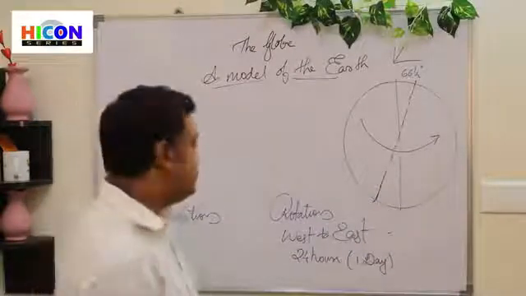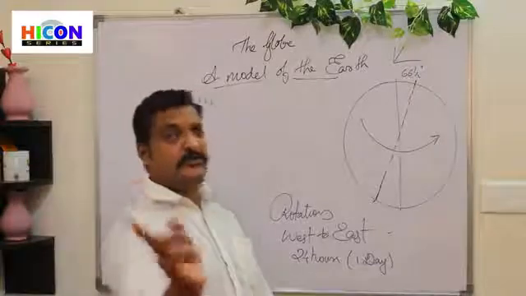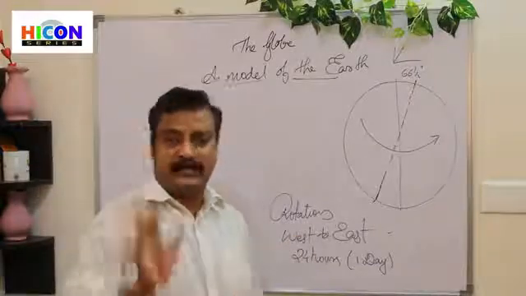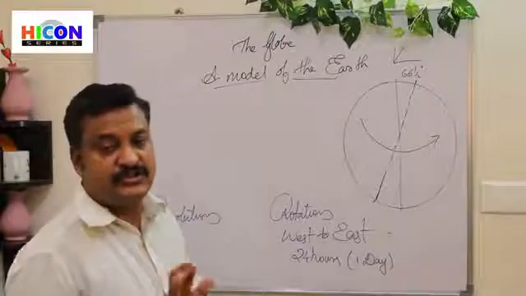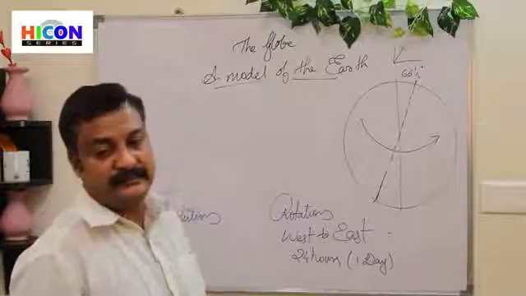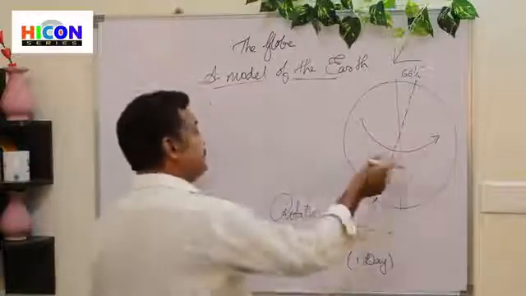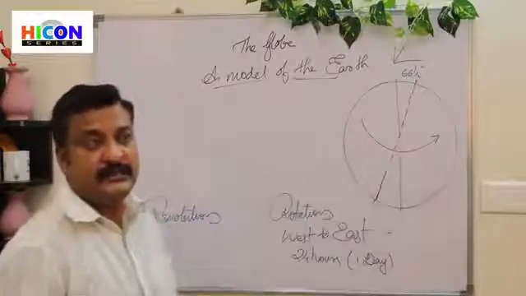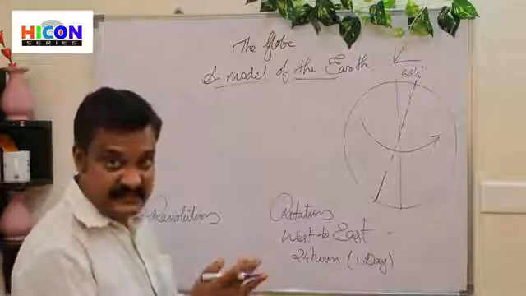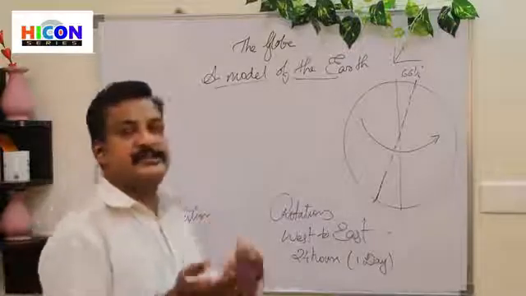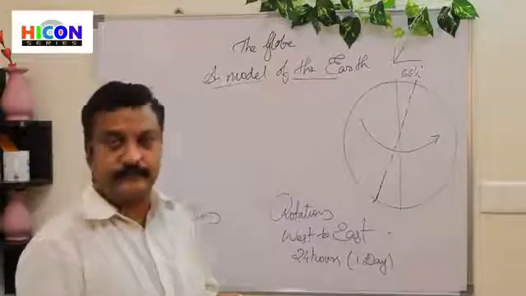So the time taken for the earth to complete one rotation is simply one day, which has 24 hours in it. Because of this rotation of the earth, some part of the earth gets sunlight and other parts darkness.